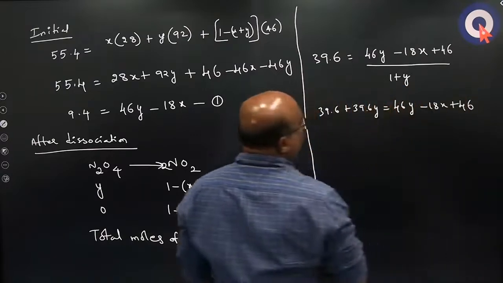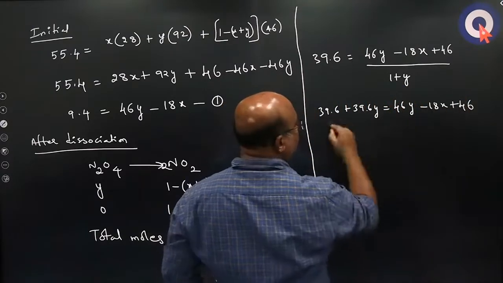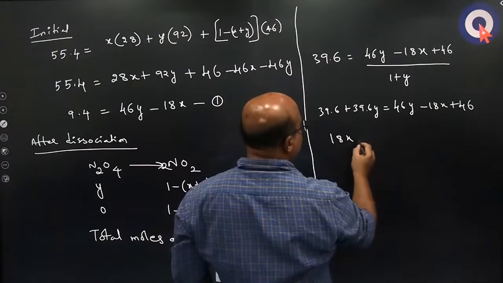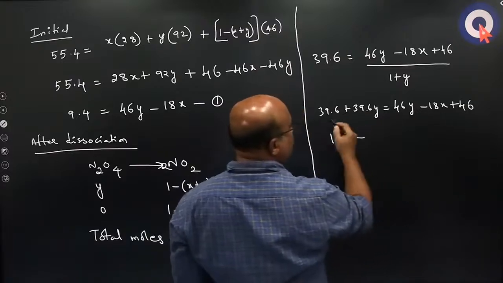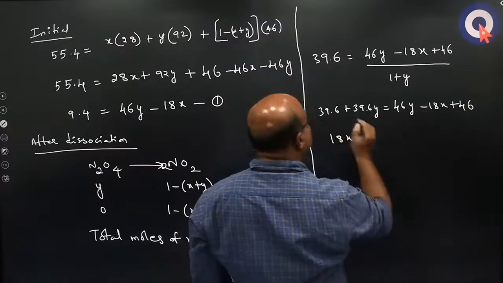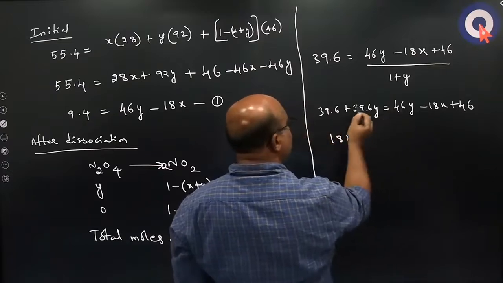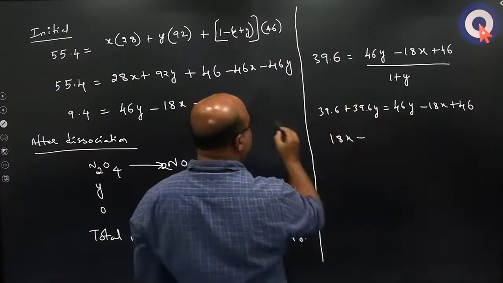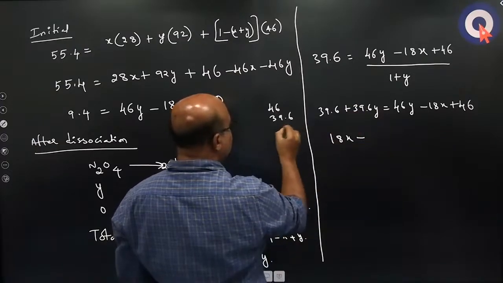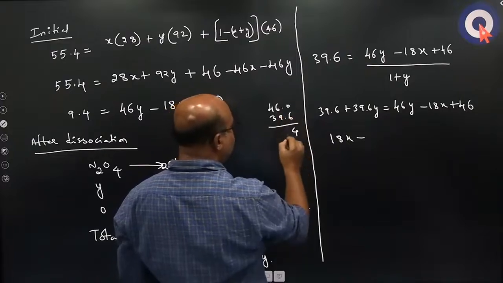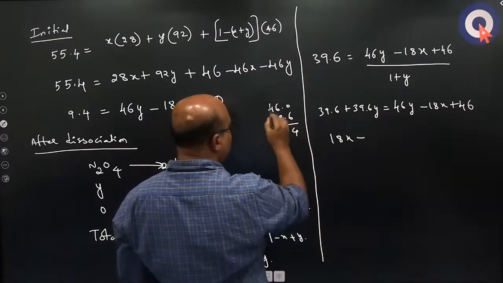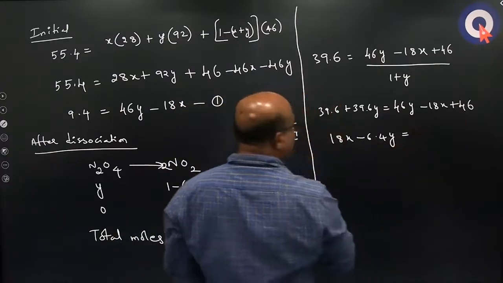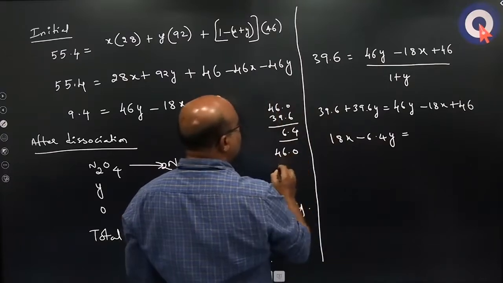Taking all the terms to one side, 18x equals 46y minus 46 minus 39.6y, so 6.4y equals 46 minus 39.6.